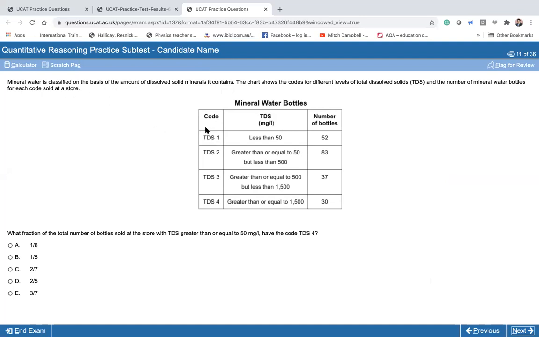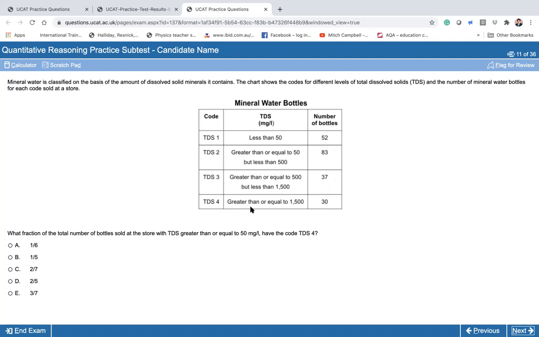So you see TDS 1, that's less than 50. So the total dissolved salts are less than 50. There are 52 bottles. TDS 2, greater than or equal to 50, but less than 500. You have 83 bottles. TDS 3, greater than or equal to 500, but less than 1500. That's 37.